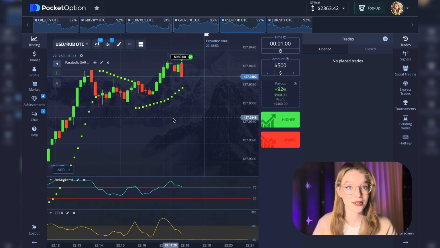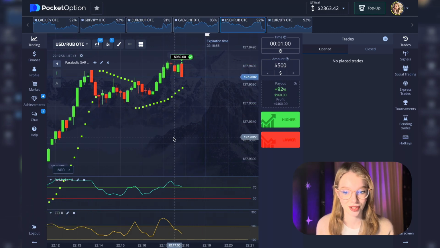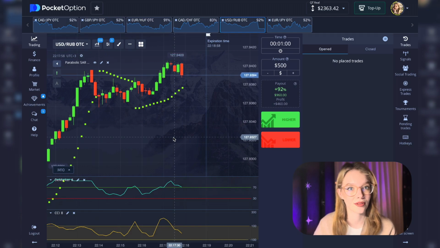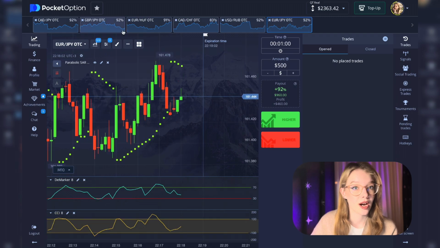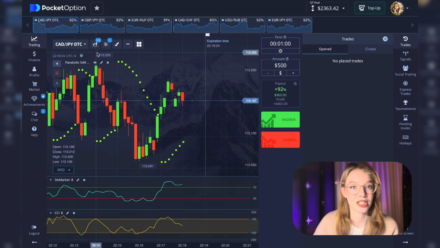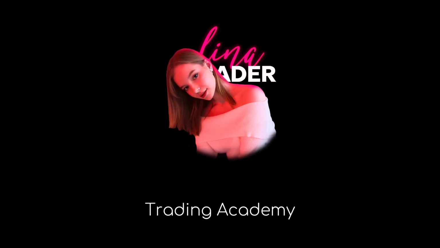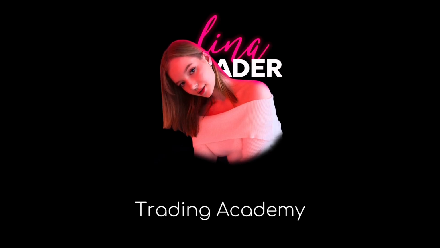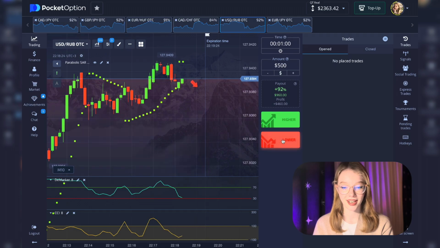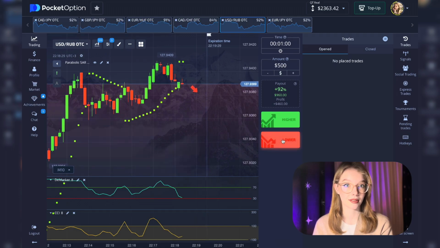Great! From the first trade, I managed to earn $460. Let's continue searching for currency pairs that suit us. I couldn't find anything better but to open a trade on the same pair.